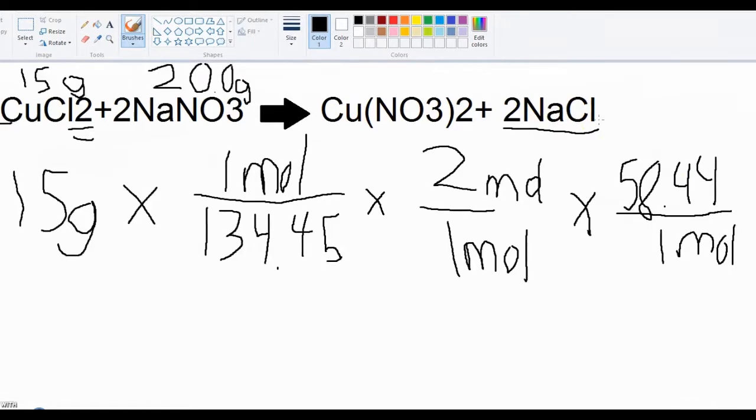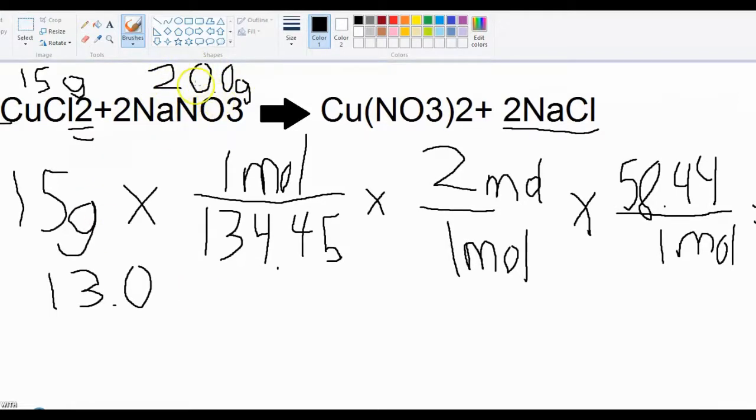The 2 doesn't matter, so you're just going to find the mass of sodium and chlorine, add them together, and your molar mass should come out to 58.44. And then you plug this in the equation, and you should get 13.0.